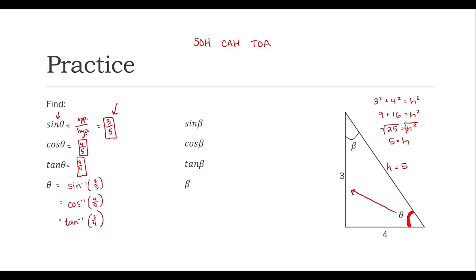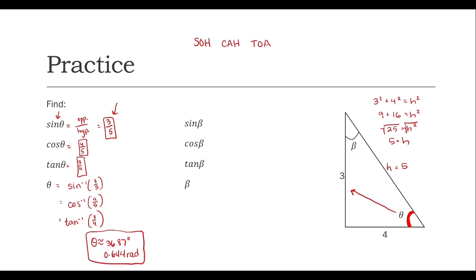You can find theta in degrees or radians depending on what mode your calculator is in. In degrees, theta is approximately 36.87 degrees, and in radians, that would be 0.644 radians. So that's what theta is.